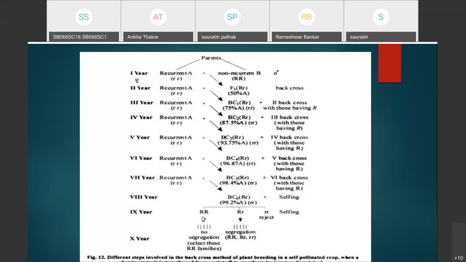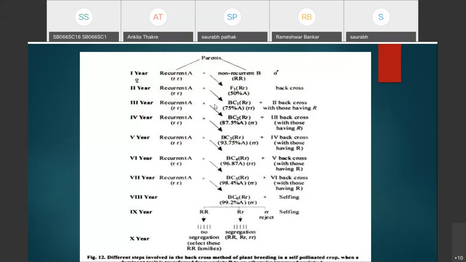These progenies will be similar to the recurrent parent in each and every character, but differ from this recurrent parent only in the disease resistance. That means the variety produced at the end will closely match the recurrent parent, except in the character transferred from the non-recurrent parent B. It will have all the good characters of the recurrent parent A and the disease resistance capacity of the non-recurrent parent B.